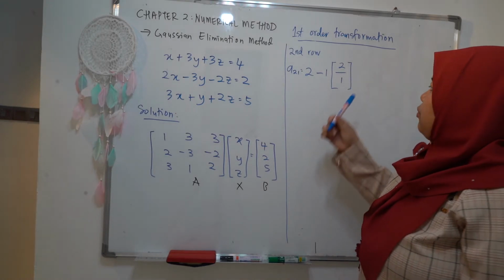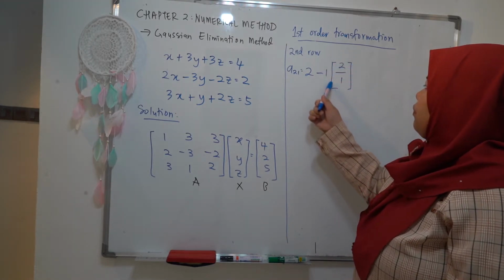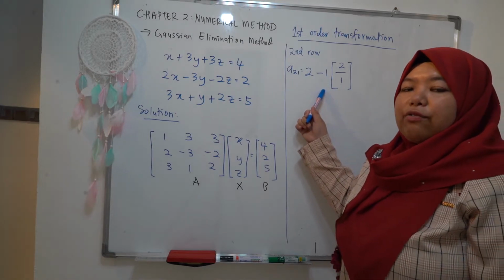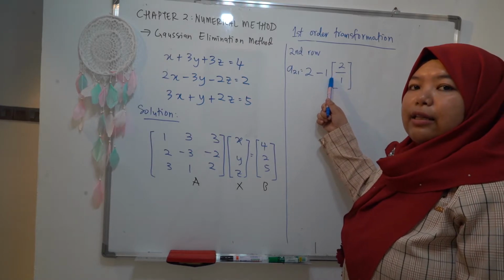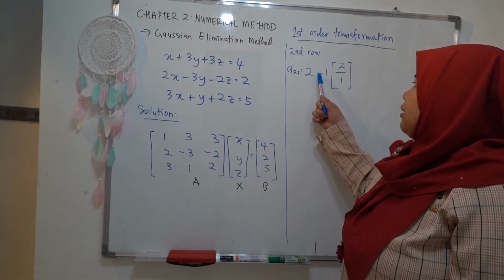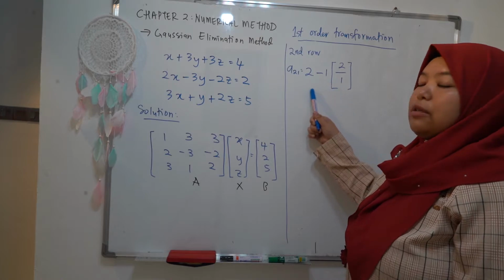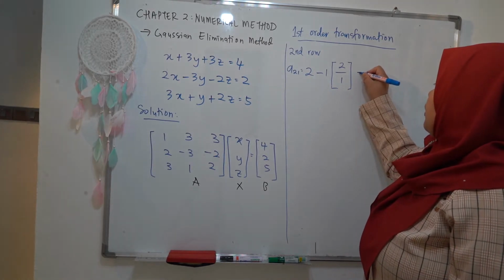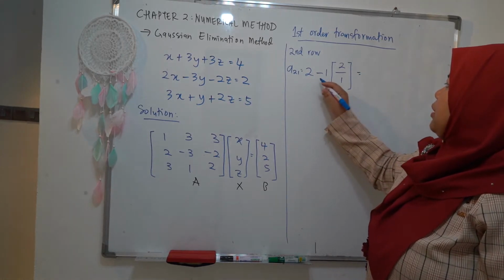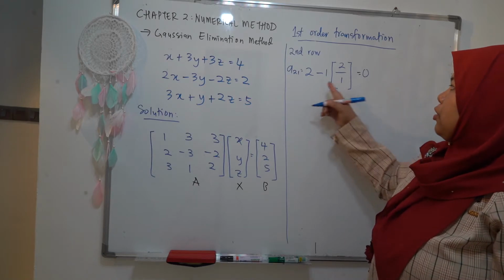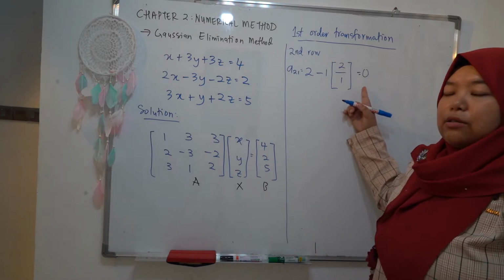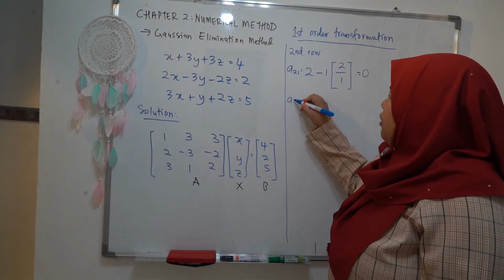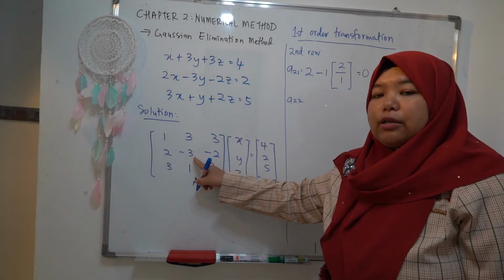We have to apply this part first, which means you have to calculate the multiplication and division first, and after that you can subtract the two answers. So here I will get 0: 2 minus 1 times 2 over 1 gives 0. Then I continue with A22.